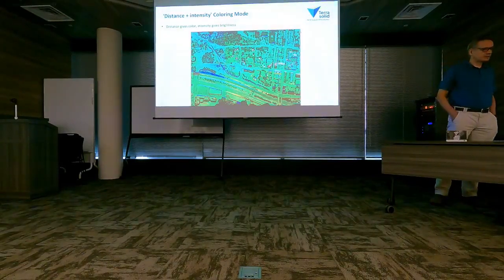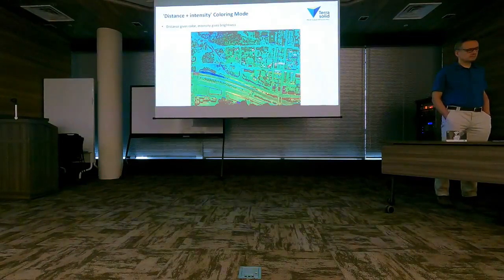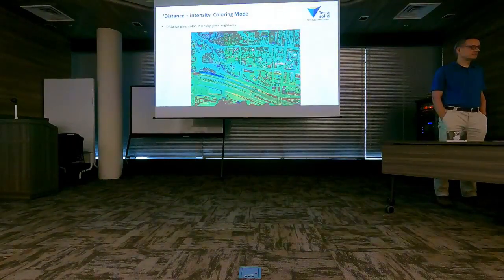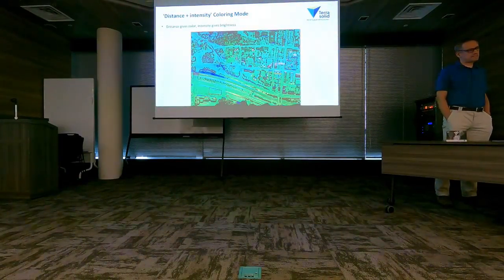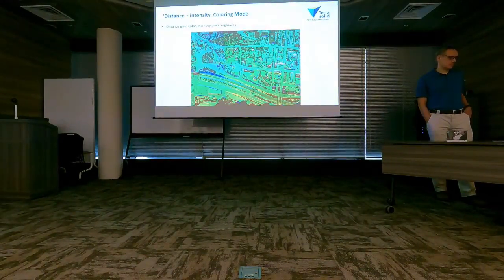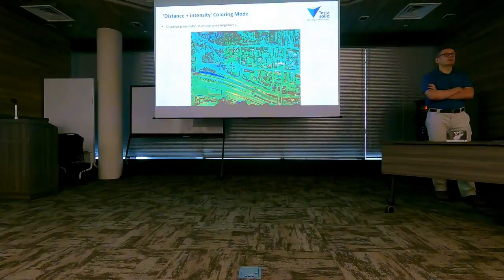One new color by choice is distance plus intensity, where distance gives the color and intensity gives the brightness of a point. And I have many choices how the distance is computed.